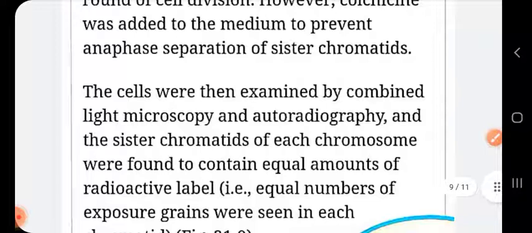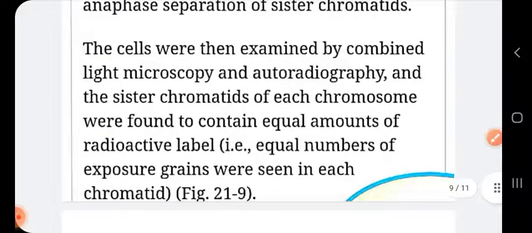Now the cells were examined under light microscopy and also on photographic film in an autoradiographic plate, and the sister chromatids of each chromosome were found to contain an equal amount of radioactive label. That means equal numbers of exposure grains were seen in the chromatids.